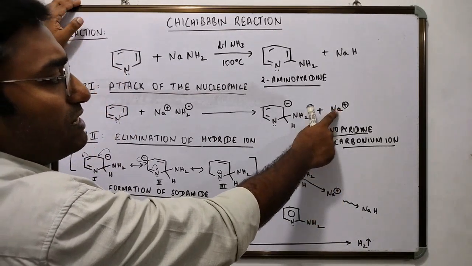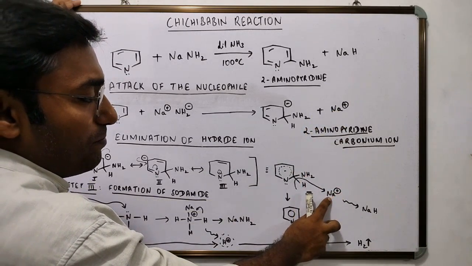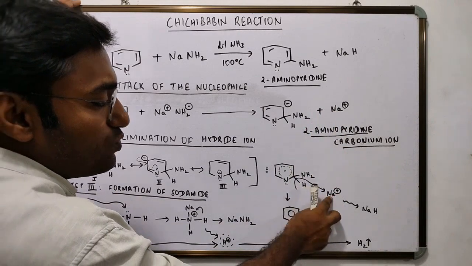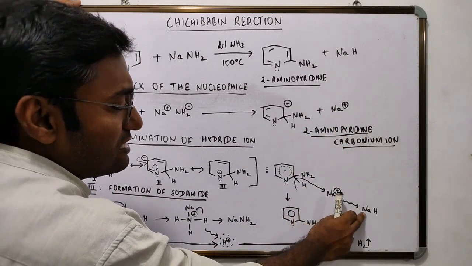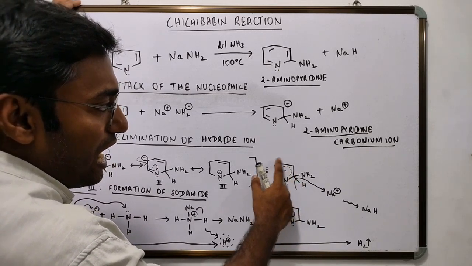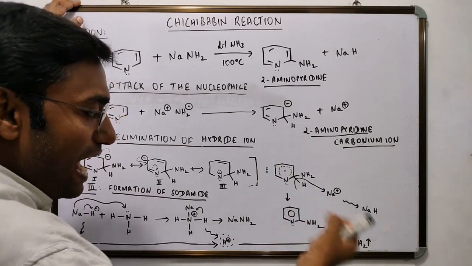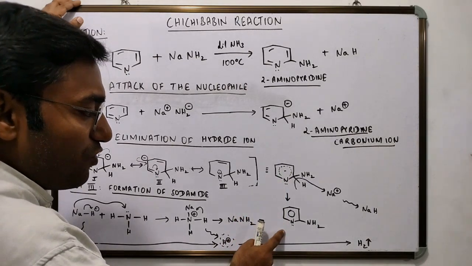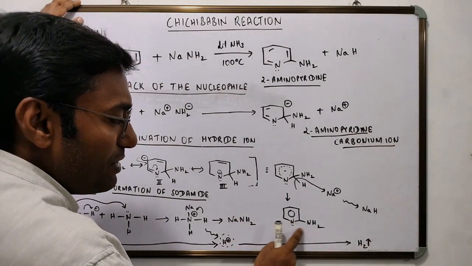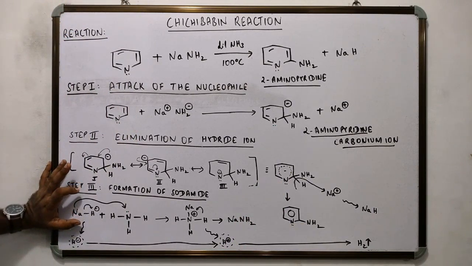Sodium that was eliminated in step number 1 pulls the hydride ion towards itself, thus facilitating the 2-aminopyridine carbonium ion to lose the hydride ion and resulting in the formation of 2-aminopyridine.